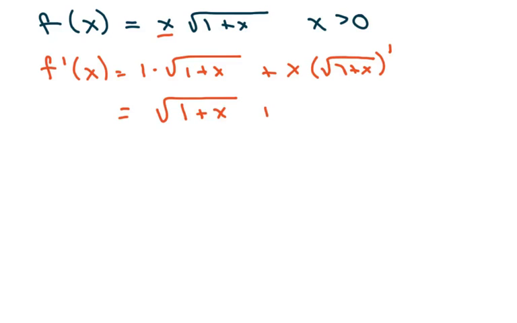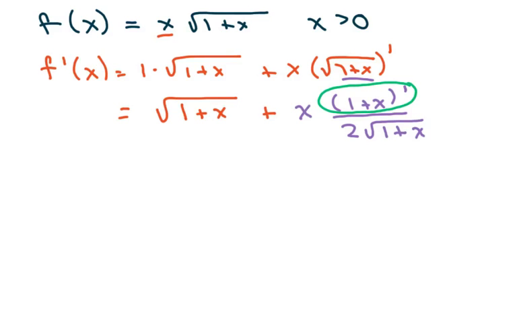And since we're doing inverse functions here, we're going to write times x, and the derivative of our inner function, which is 1 plus x to the first power over 2 times the square root of 1 plus x. And the derivative of our first function is just going to be 1. Again, I'm just using the formula.